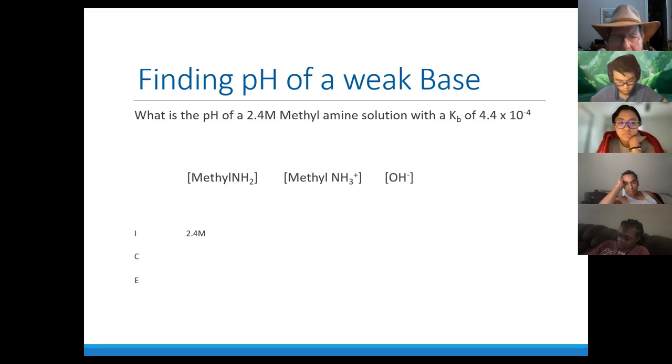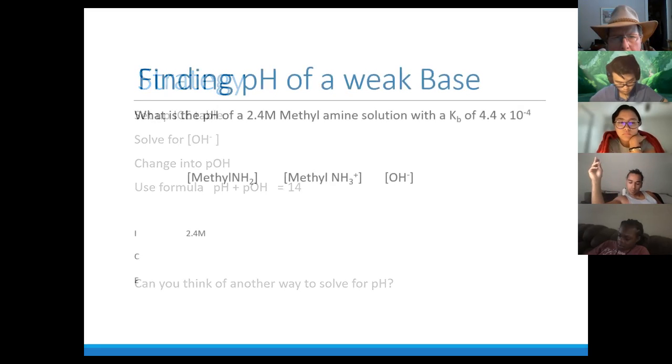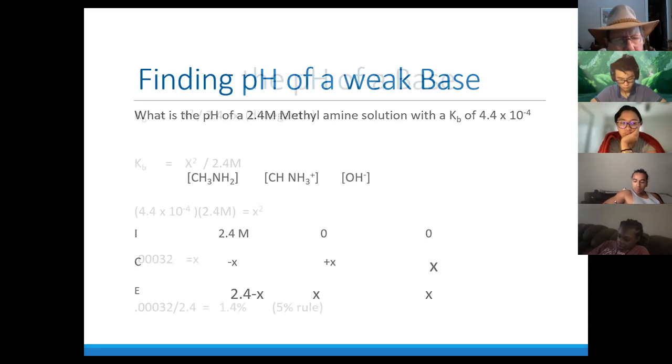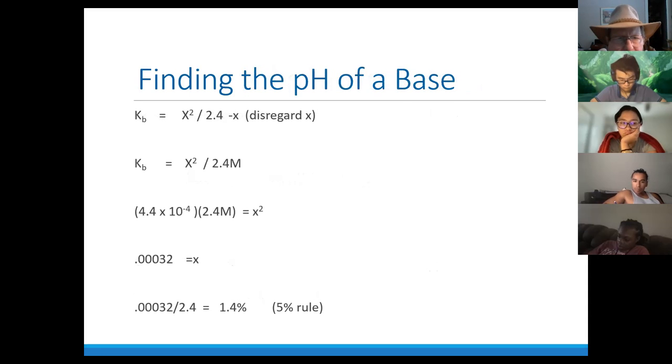So if I call the equilibrium concentration of my NH3 plus and my OH minus X, then I've gained X in both of those for the change. I've lost it from my methylamine. So my equilibrium concentration of methylamine is going to be 2.4 minus X.